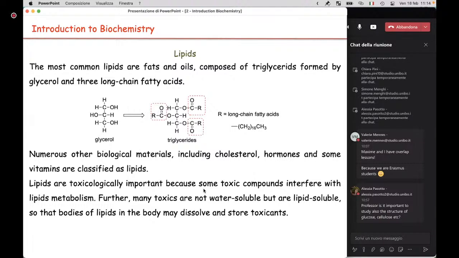And these tissues are specifically important when we are exposed to a toxic compound, of course, because if it is a lipophilic toxic compound, it will accumulate. It is very attracted by our lipid tissues, and it will accumulate in our fat tissue.